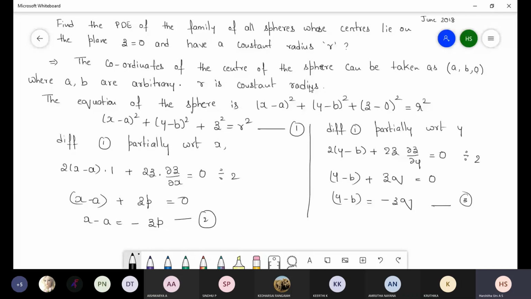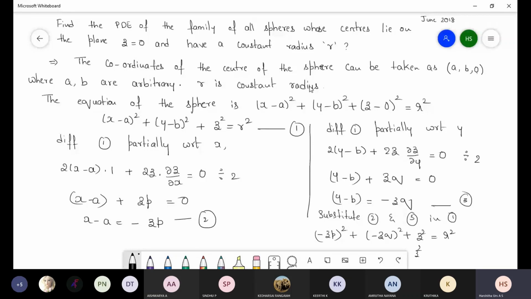Equation 2 and 3 we can write in equation 1. So I just substitute equation 2 and equation 3 in equation 1. So (minus zp) whole square plus (minus zq) whole square plus z square is equal to r square. Minus into minus is plus.